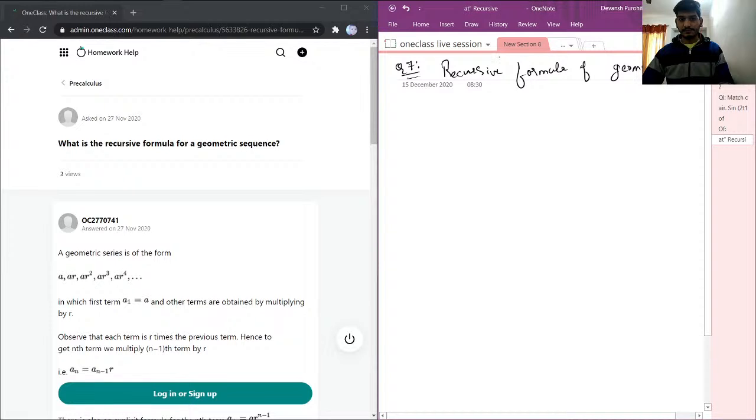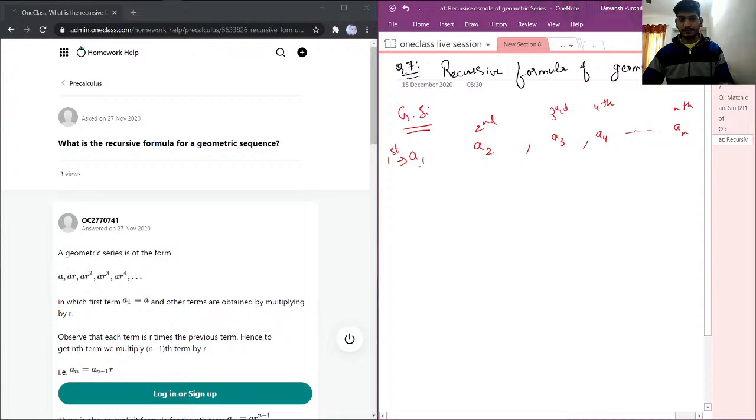I'll just say GS for geometric series. So geometric series is like the first term A1, then A2, the second term, then A3, the third term, A4, the fourth term, to continue till An, which is the nth term.